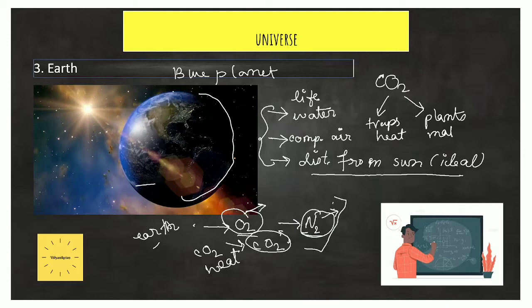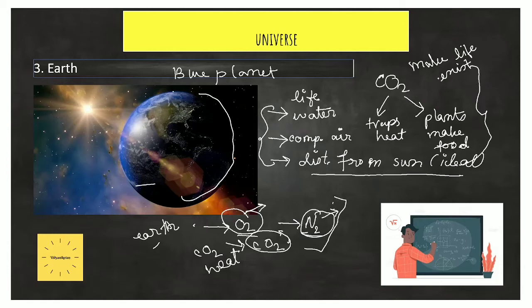So plants make food using CO2. Okay, so CO2 is required for these two things, and all these features of earth make life exist on this planet.